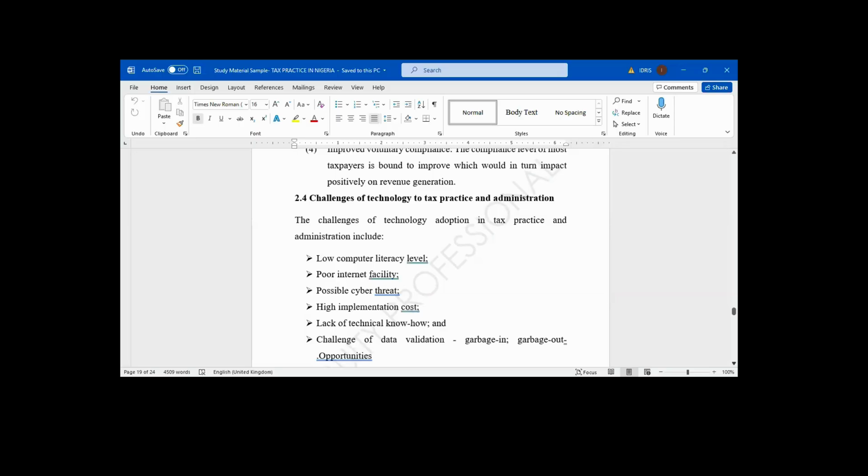When you want to use social media technology, you have to have internet. When you want to file a tax return on Tax Promax, you have to have internet. If your internet is not good, this may not work.